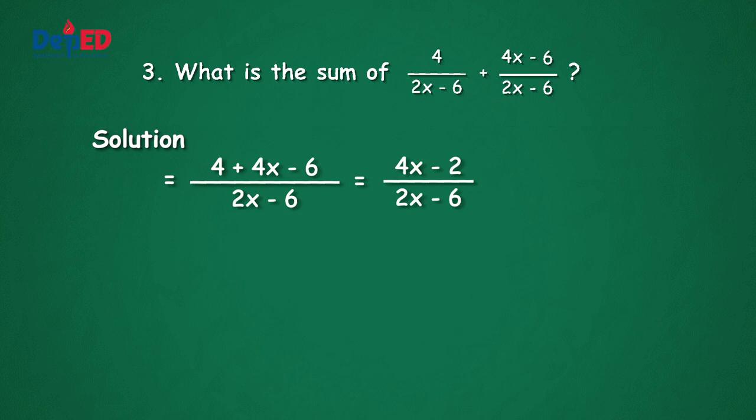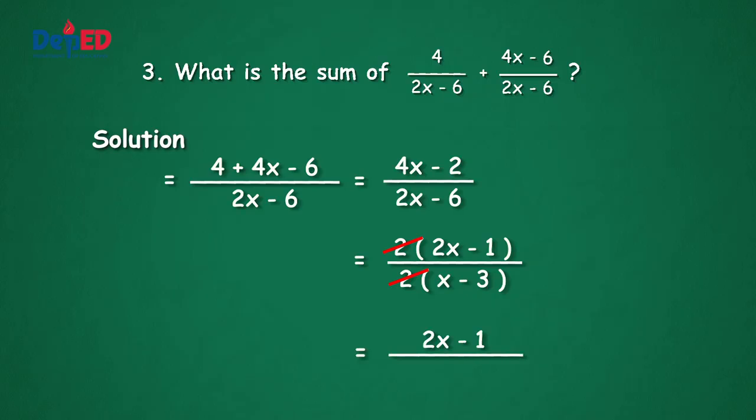But we can still simplify this by getting the common factor in the numerator and denominator. This will become 2 times the quantity 2x minus 1 all over 2 times the quantity x minus 3. So we will be left with 2x minus 1 all over x minus 3.